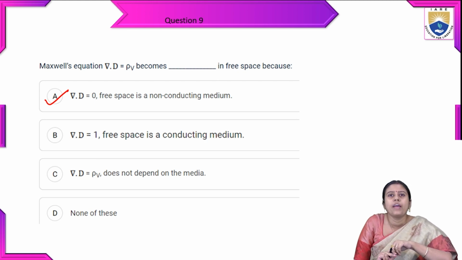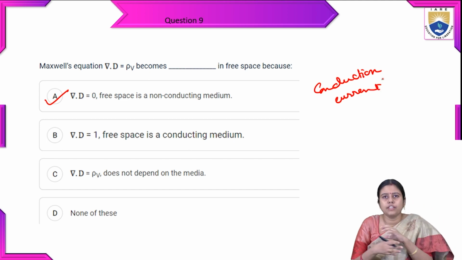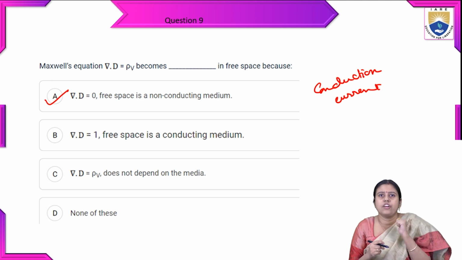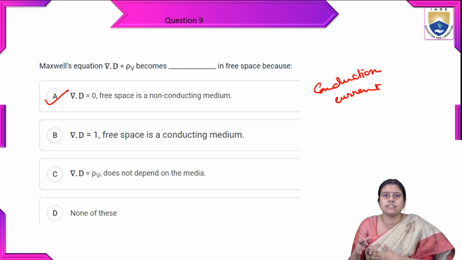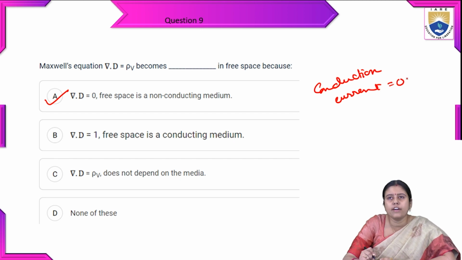As we know, in a free space, the conduction current means the current which flows in a conductor, or due to some external force or potential, current starts to flow. So the conduction current is 0, which means J is equal to 0.